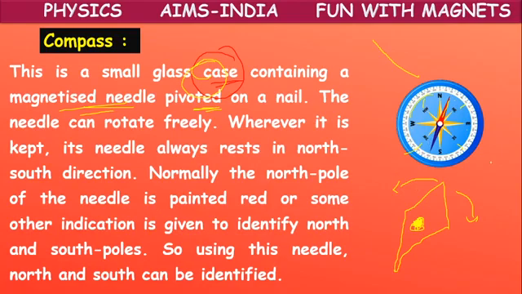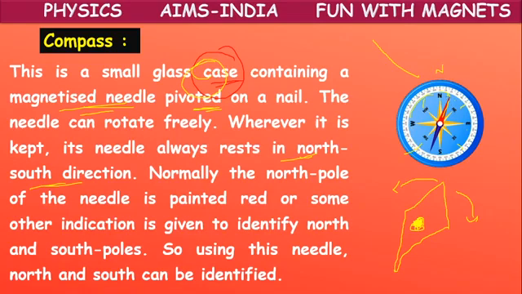When we keep this compass at rest for some time, the magnetic needle tends to align in the north and south direction. The needle with red paint is considered north.